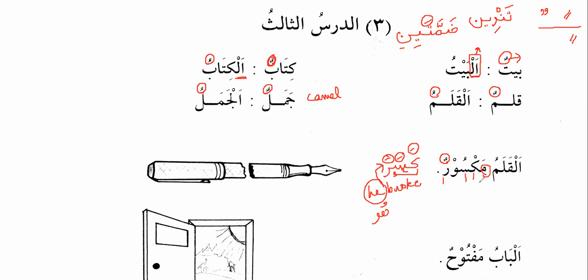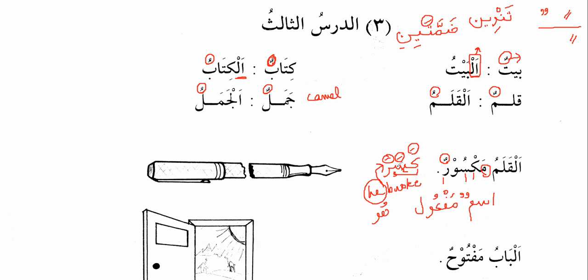So, whenever you see a meem in front of a word, you know that it is ismun maf'ul. Now, Arabic students must know what is ismun maf'ul. Maf'ul means object. Maf'ulun bihi means object. So, ismun maf'ul means the thing which is broken.